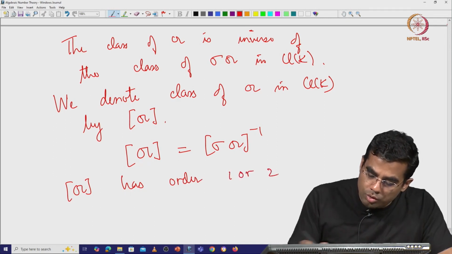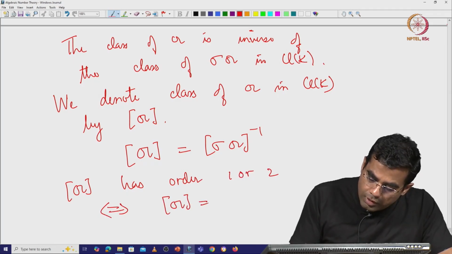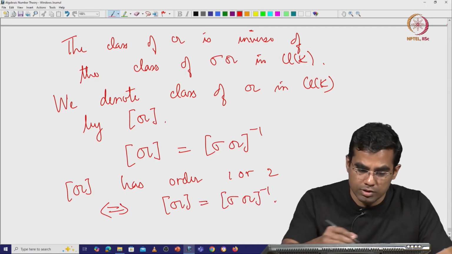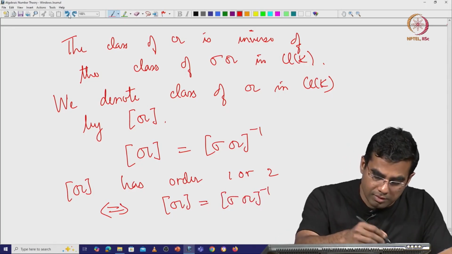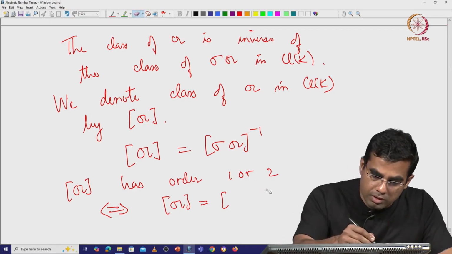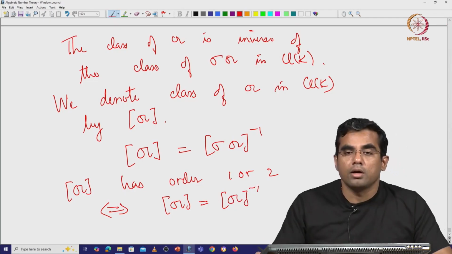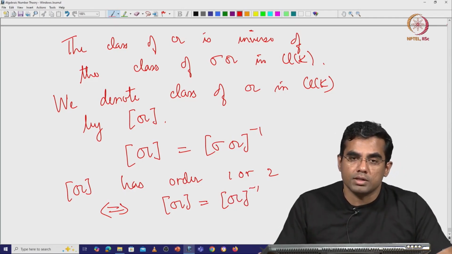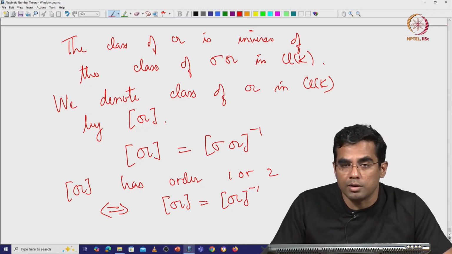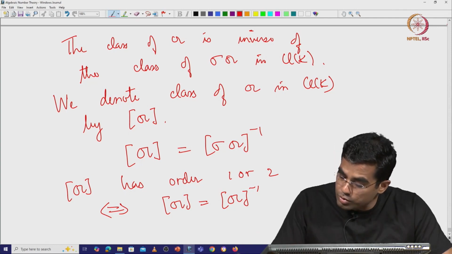An element has order 1 or 2 if the inverse of that element is the element itself. Of course, that happens for the identity element, but it also happens for order 2 elements, that is why I said 1 or 2.